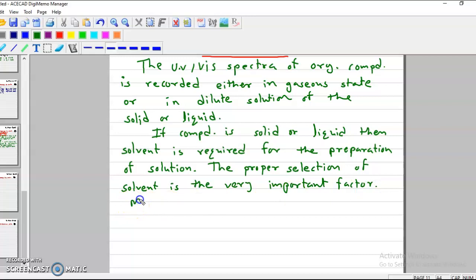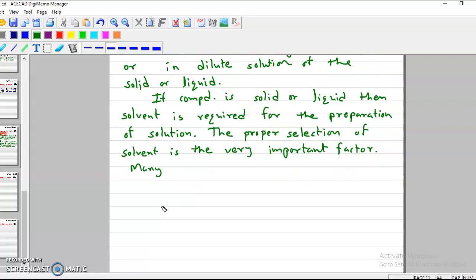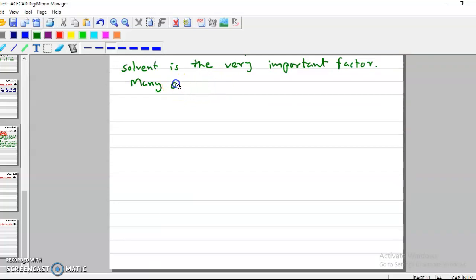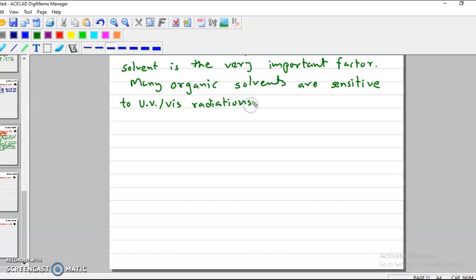Many organic solvents are sensitive to UV visible radiations and show n to pi star or pi to pi star transitions.